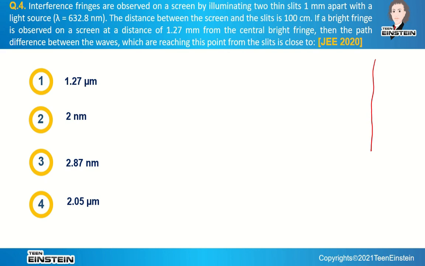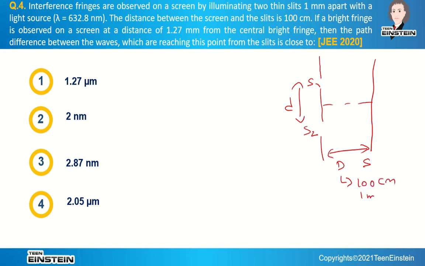So here they have given you like this. You'll be having a screen and two slits, S1, S2, and this is the distance between the two slits, and this is the distance between the slit and the screen. So this is 100 centimeters or 1 meter.